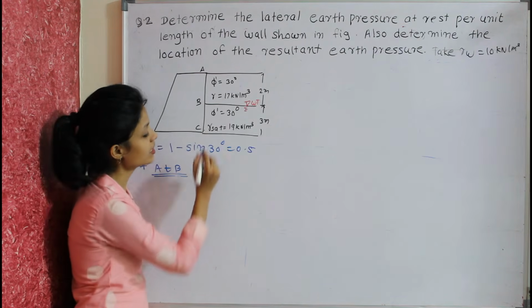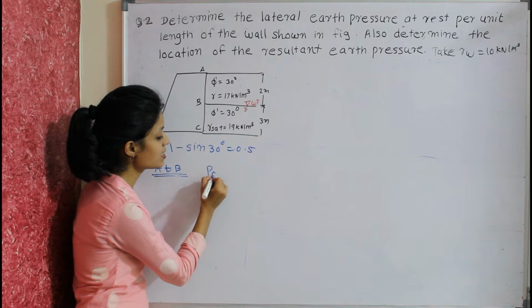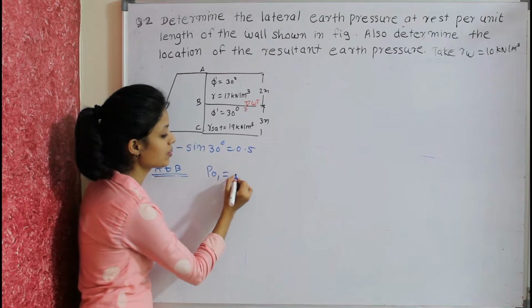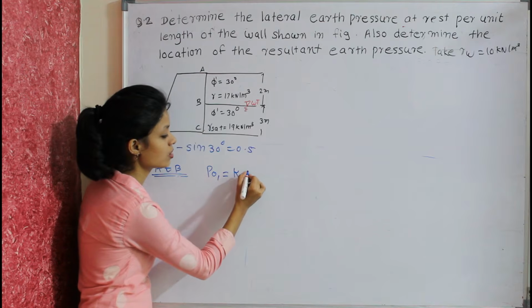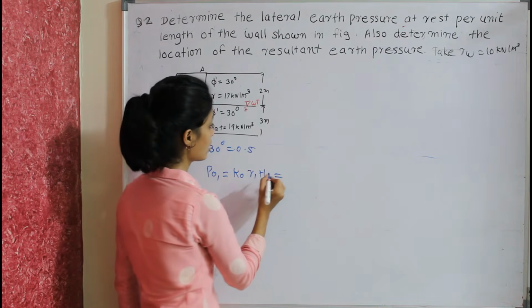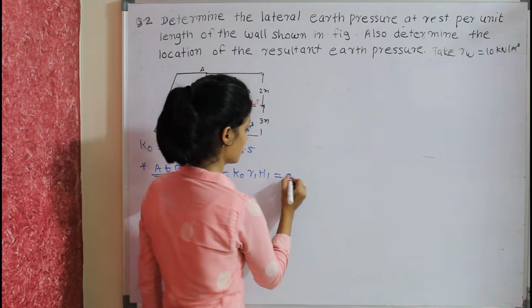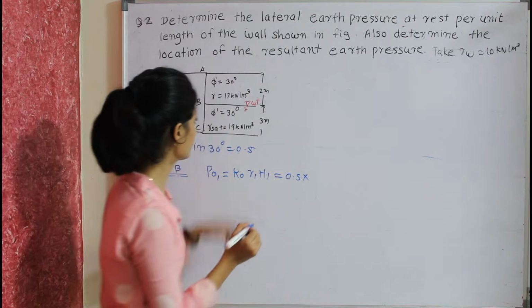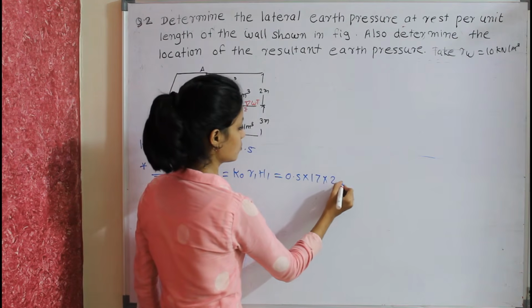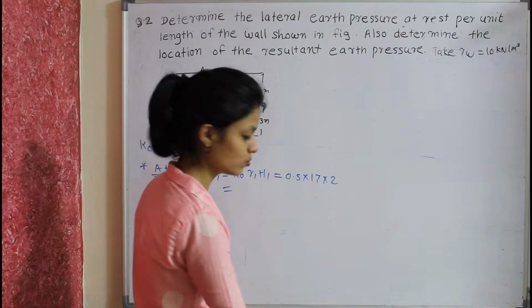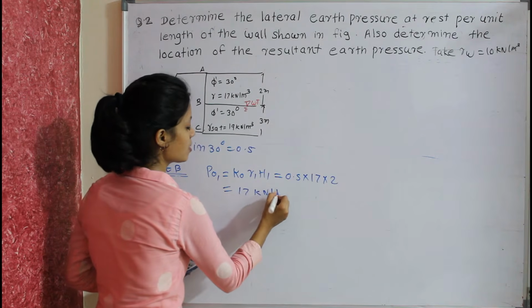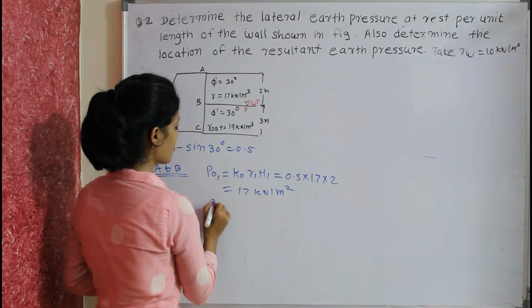Pressure at B, P01, equals K0 gamma 1 H1, which is 0.5 into 17 into H1 of 2, which is equal to 17 kilonewton per meter square.